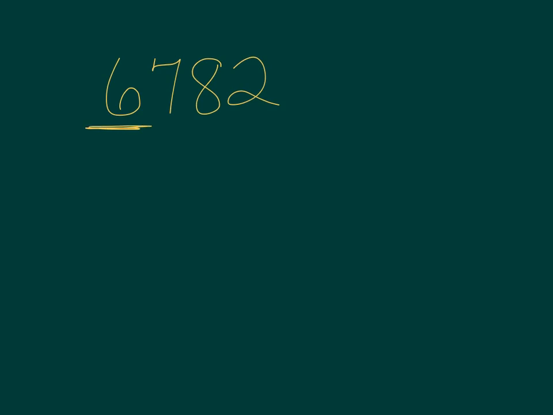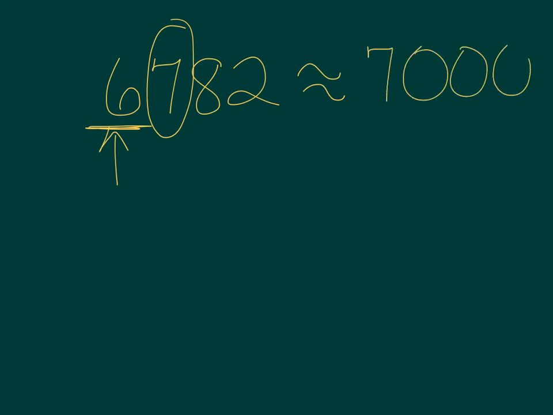So it's to the nearest 1,000. That's the place value. So I'm going to look to the number to the right, which is a 7. The rule says that if it's 5 or more, this number is going to go up 1. So this number rounded to the nearest 1,000 is going to be 7,000. You change the digit that you're rounding, and everything after it becomes 0. So the 7, 8, and 2 are now zeros.